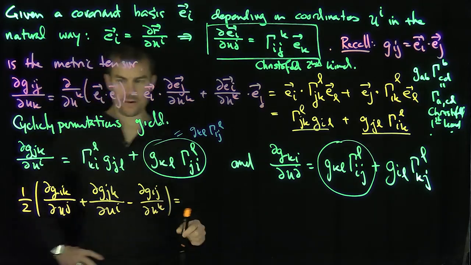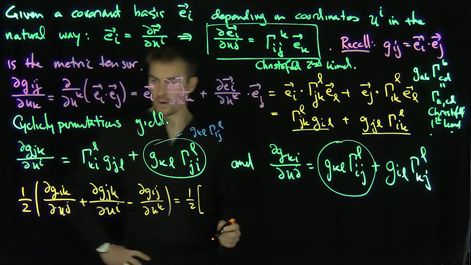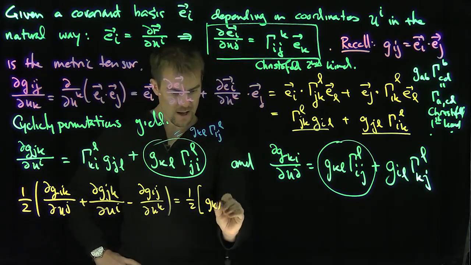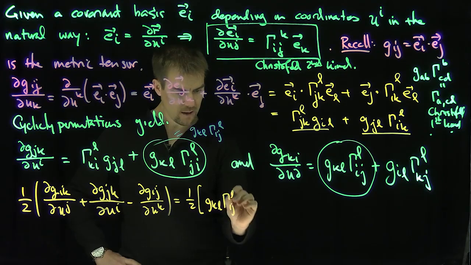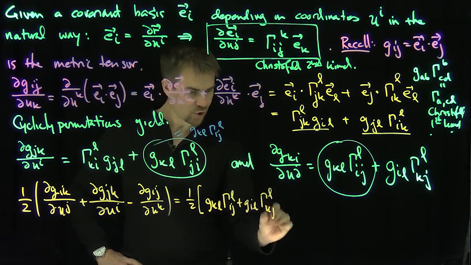So let's see what these things are going to give us. Now, of course, there's going to be 2 of every term over here, so it's going to be a 1/2 of what? G_{IK} is going to be this thing over here. It's going to be G_{KL} gamma_{IJ}^L plus G_{IL} gamma_{KJ}^L.